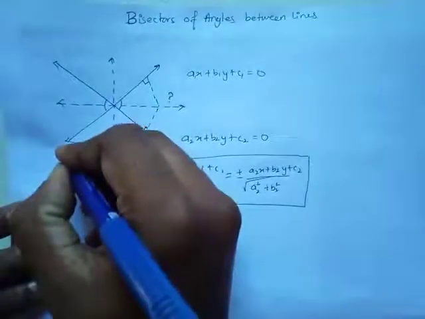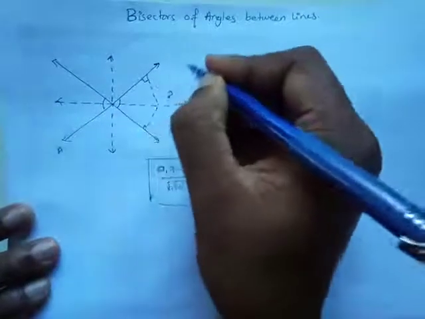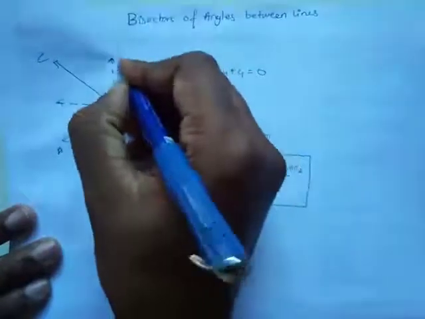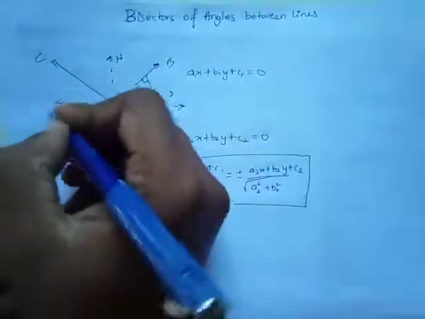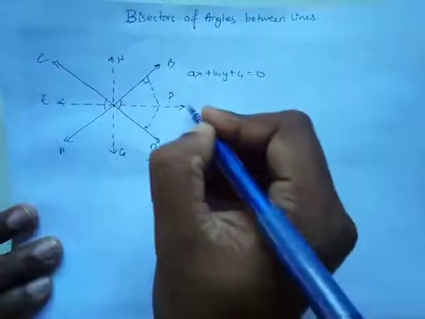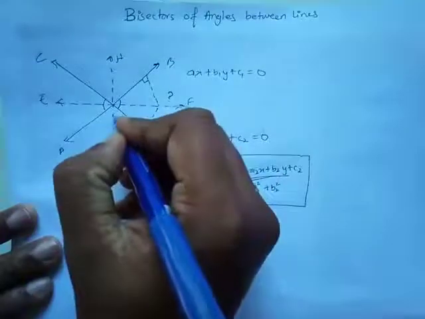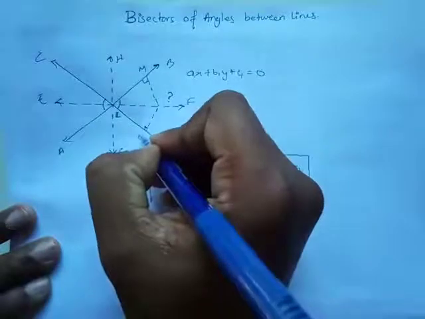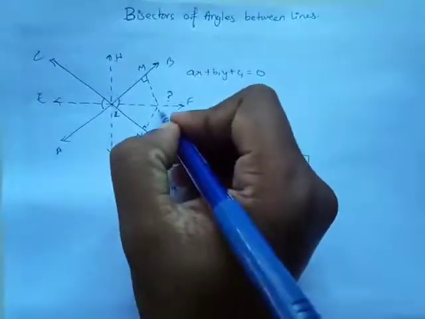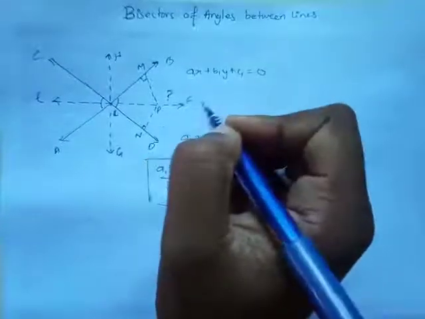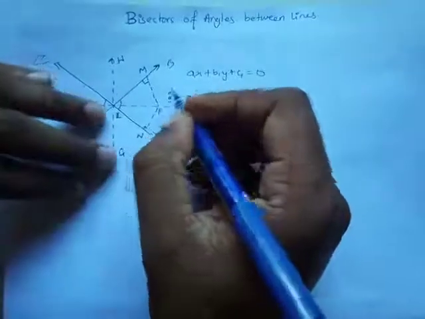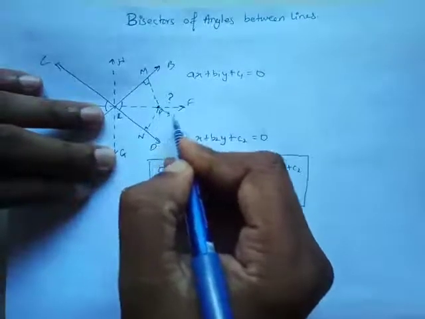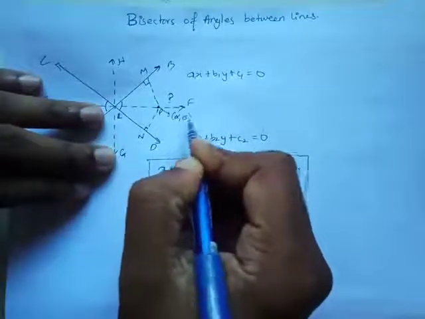So this is A, this is B, the line AB, this is C, this is D, this is H, this is G, this is E, and this is F, and let the middle be L, this point be M, this point be N, and this can be P, if that's okay for everyone. Let's say this point is alpha and beta.